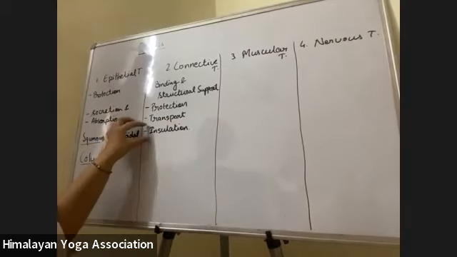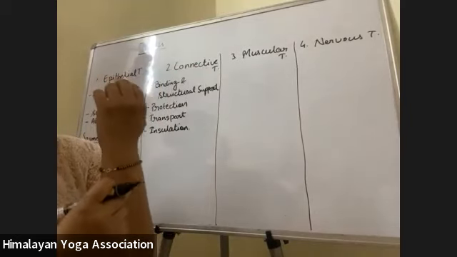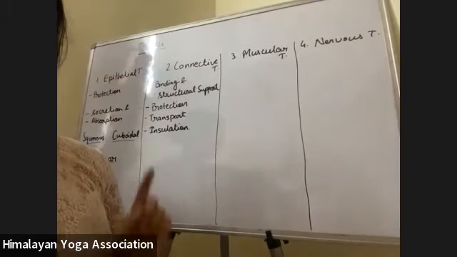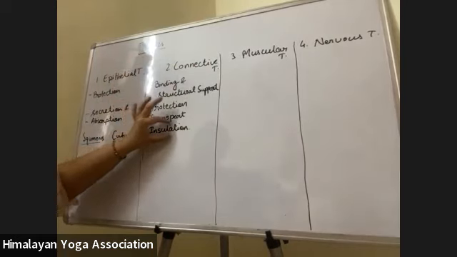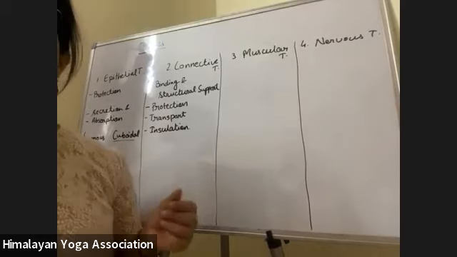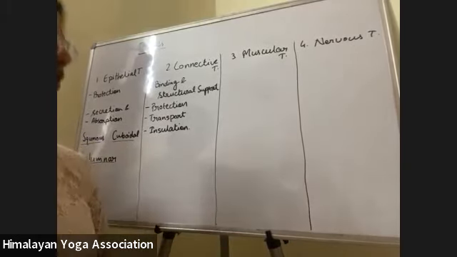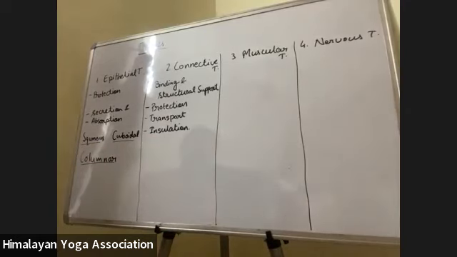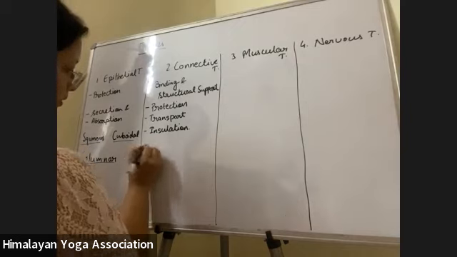Then insulation: we have this skin, and below the skin we have a layer of fat. That fat is connective tissue, and that is providing us insulation. The heat from the body is not lost because of this insulation. So what are the types of connective tissues?